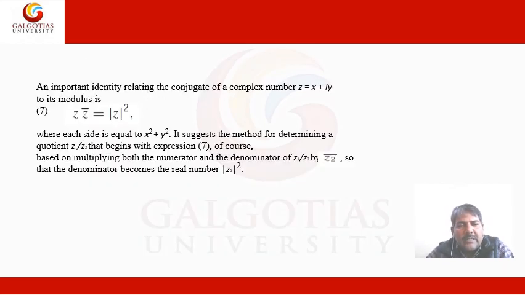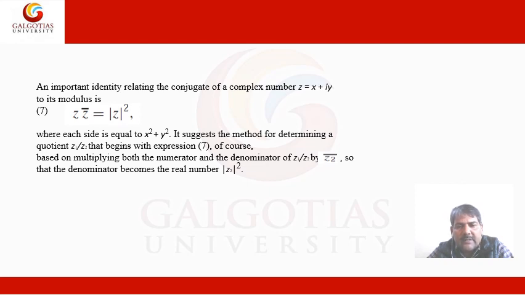An important identity relating the conjugate of a complex number z equal to x plus iy to its modulus is z into z bar is equal to mod of z square, where each side is equal to x square plus y square.